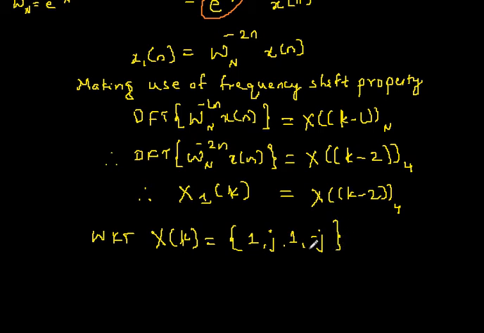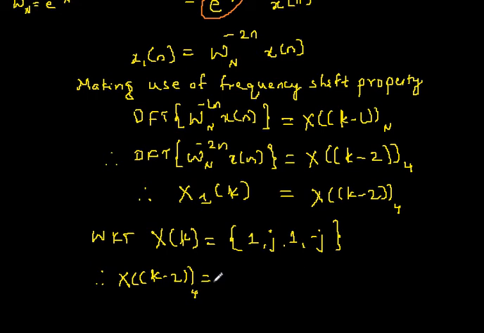So this has been given. From this we want X of k minus 2. What is this X of k minus 2? It is a circularly frequency shifted sequence. X of k minus 2 is nothing but a circularly frequency shifted sequence.